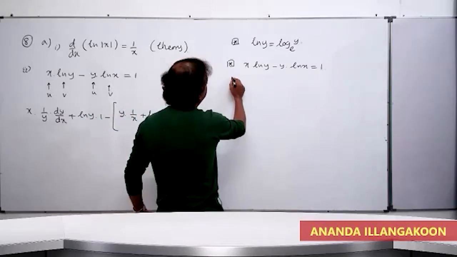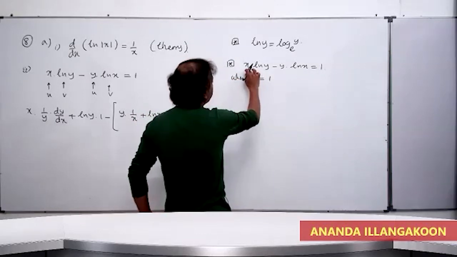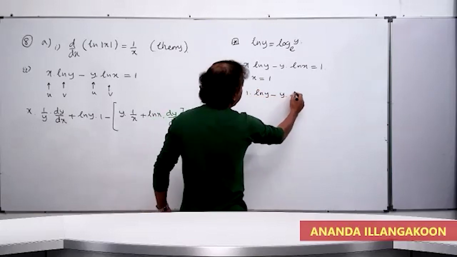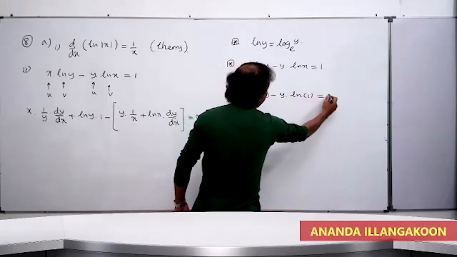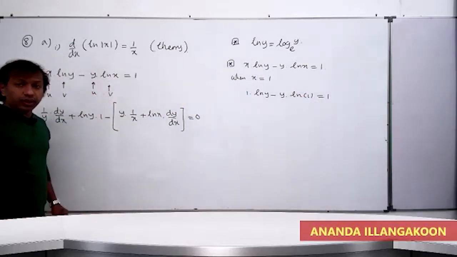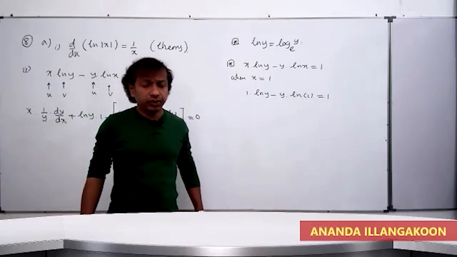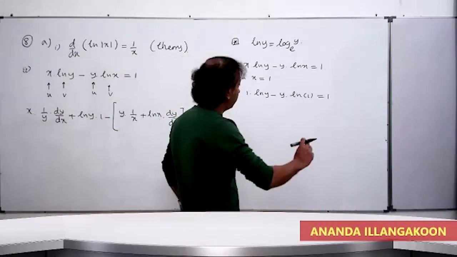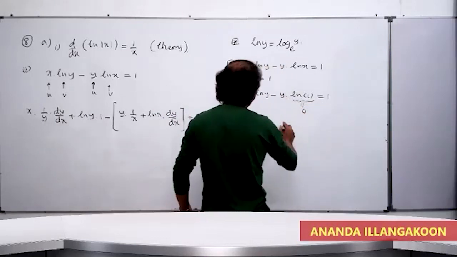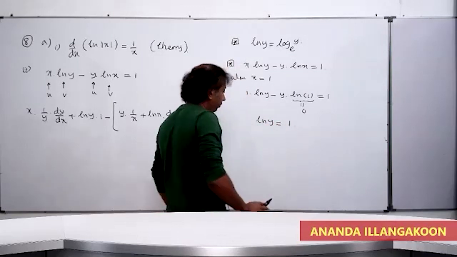Now, when x equals 1, put here 1 times ln y minus ln 1 equals 1. People, you know, ln 1, the logarithm of 1 to any base, is 0, no? So this is 0. Then this product will be 0. Then we get ln y is 1.